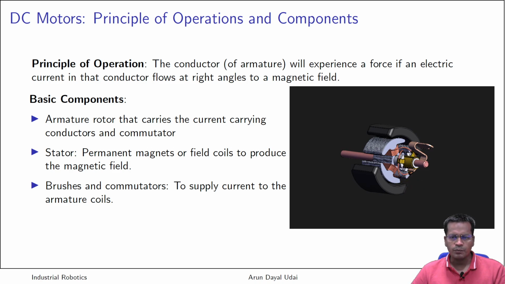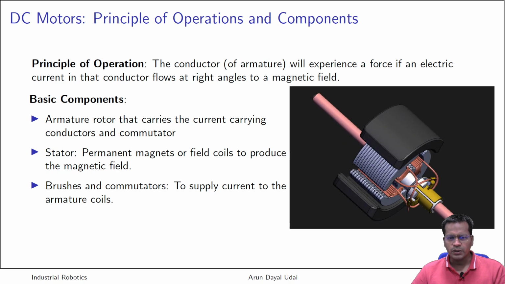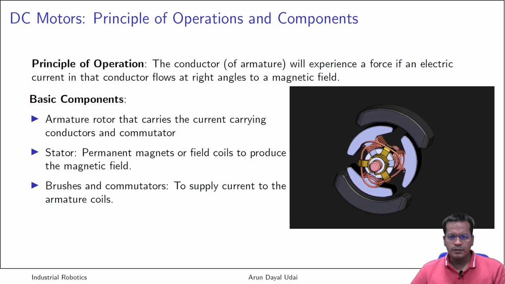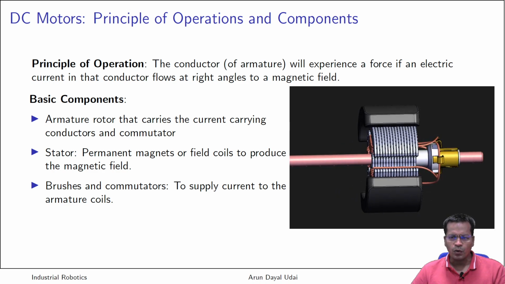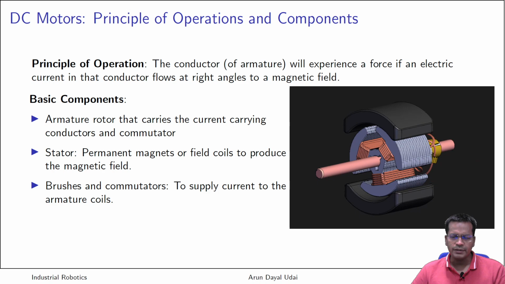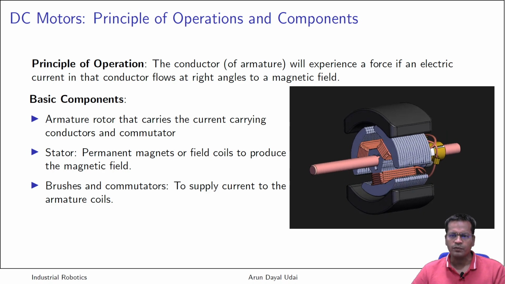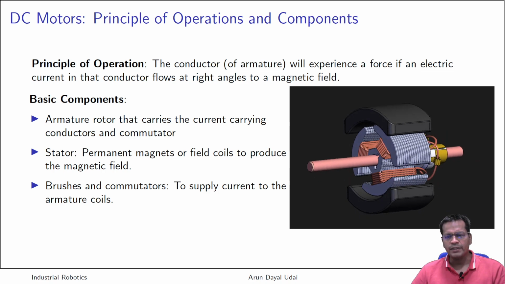If I remove this commutator, this one, I have removed it, I have removed the other one also, so that you can see the commutator. So you see, this type of motor has three different coils. Definitely it is arranged in a different way, but yes, the idea is the same.